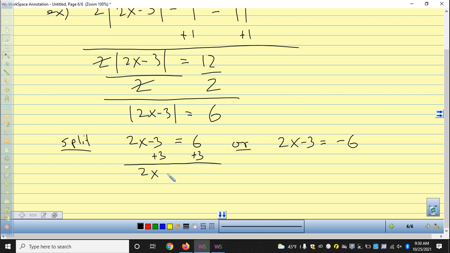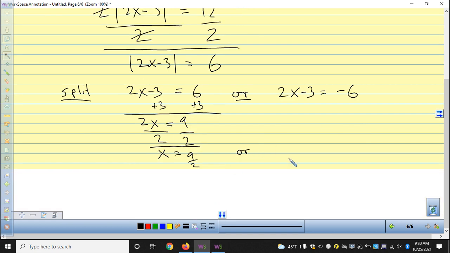So 2x equals 9. Divide by 2, and x equals 9/2. Or, add 3 to both sides here.